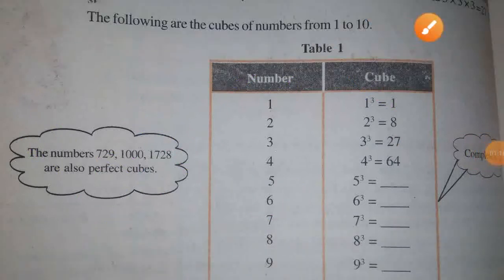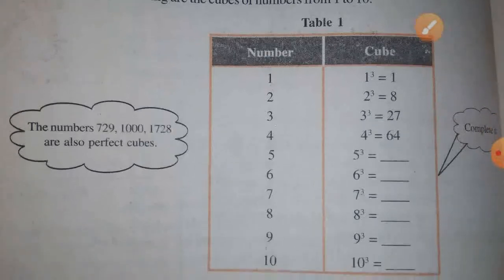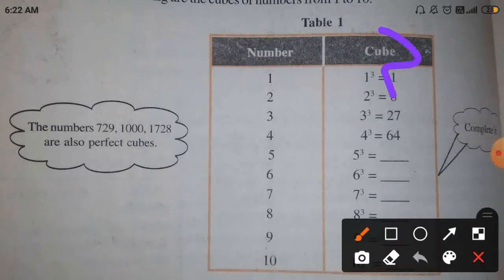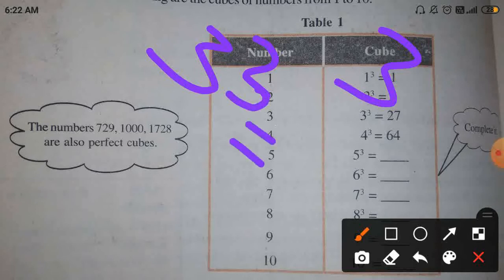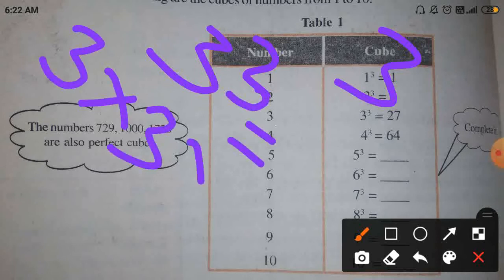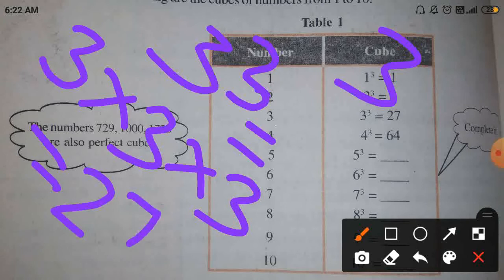Now, similarly, we calculate the cube of 3. It is 3 to the power 3, which is 3 into 3 into 3. 3 threes are 9, 9 threes are 27. So the cube of 3 is 27.